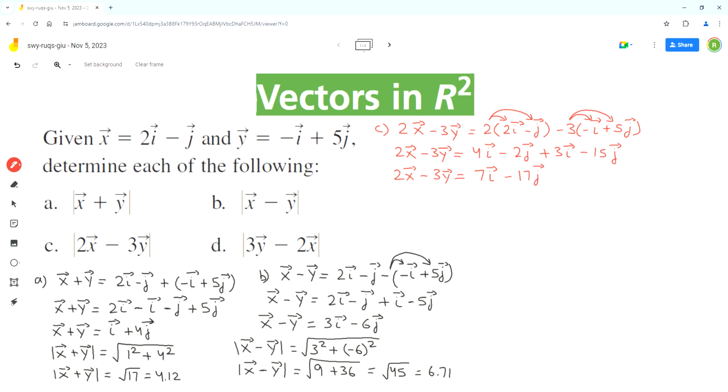So this is the vector, and now we can find its magnitude. So we'll square the coefficients of i and j, add them, and put the sum under the square root. Now 7 squared is equal to 49.